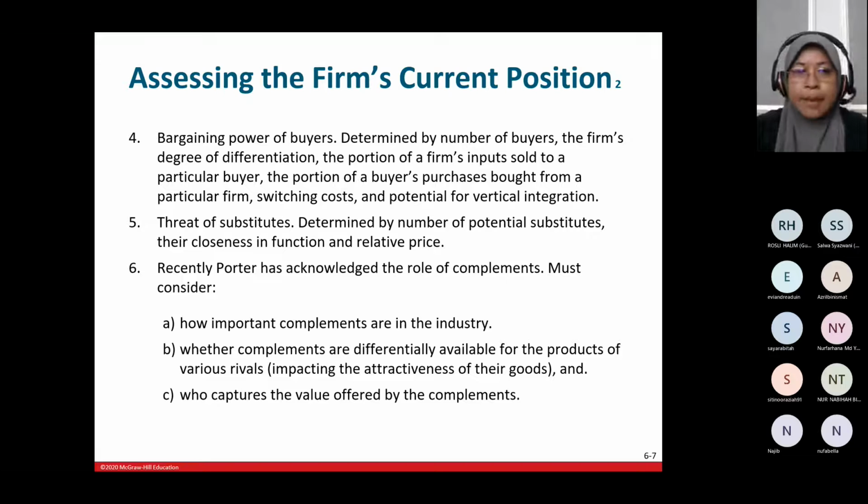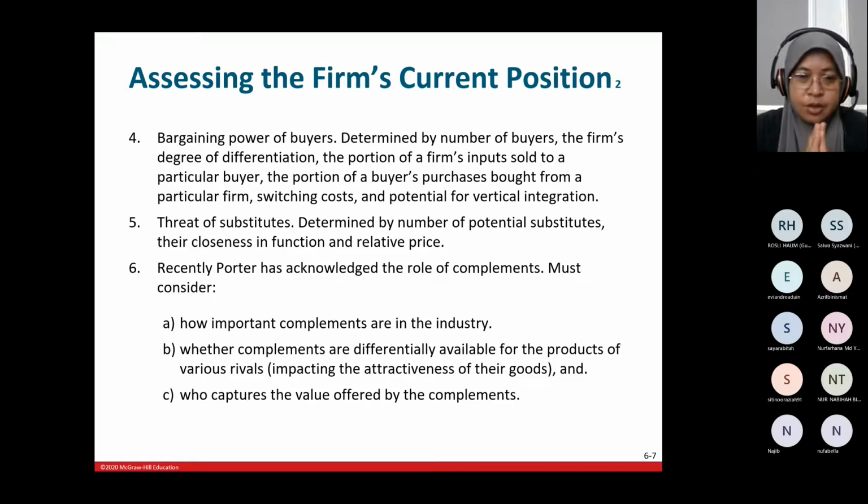Threat of substitute is determined by the number of potential substitutes, their closeness, function, and relative price. A substitute is something where, if you cannot use this product to serve the benefit, you can change to another product. If the function is almost the same and the price does not change much, your threat of substitute is very high, because there are almost similar products in the market.